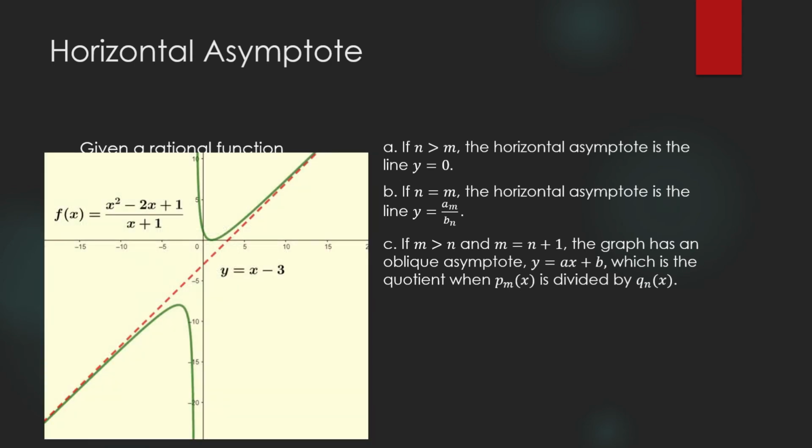So here, the degree of your numerator is 2 and the degree of your denominator is 1. So this one applies. The oblique asymptote is given by y is equal to x minus 3. And you can get that equation by dividing the numerator by the denominator. The quotient is what will define your oblique asymptote.